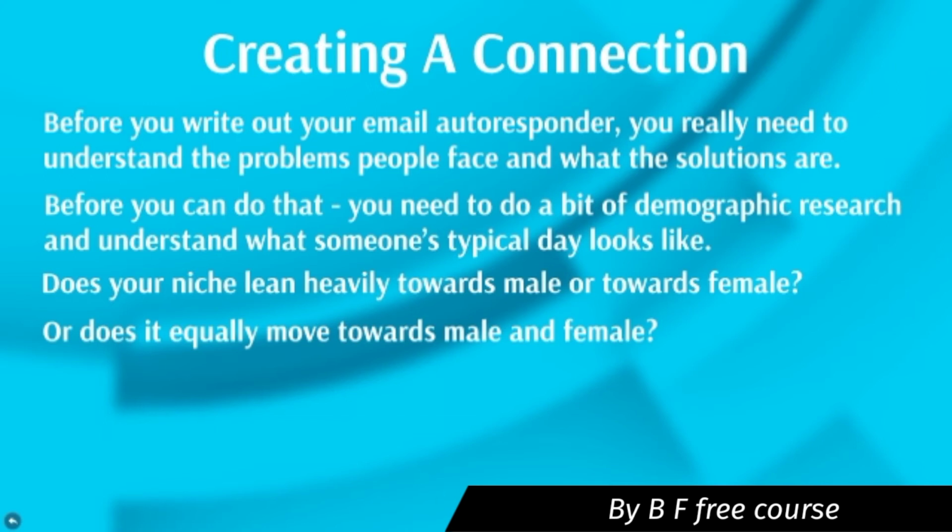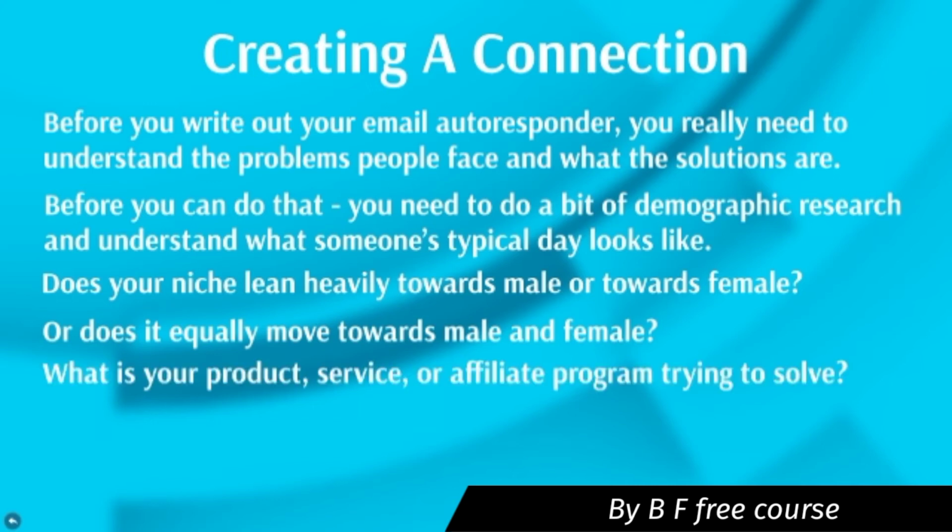But even at 75%, you're kind of moving towards that 50% so that it's both male and female. But if it's heavily towards males or heavily towards females, 80% or above, or 90% or above, then you want to jot that down. The next question is, what is your product or service or affiliate program trying to solve? So let's pick a niche. For example, survival niche.